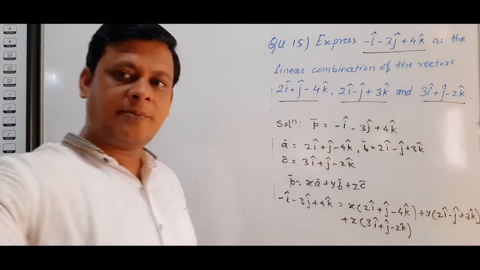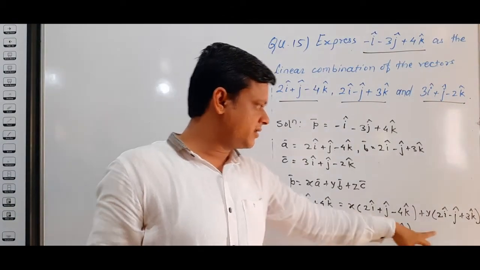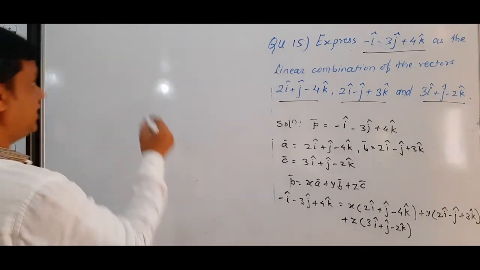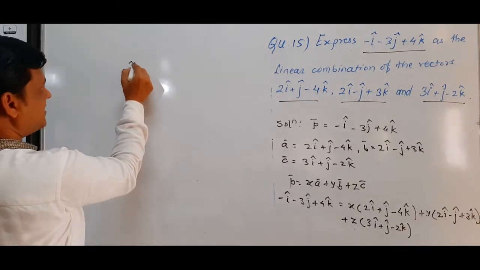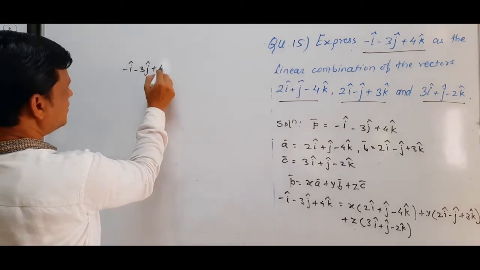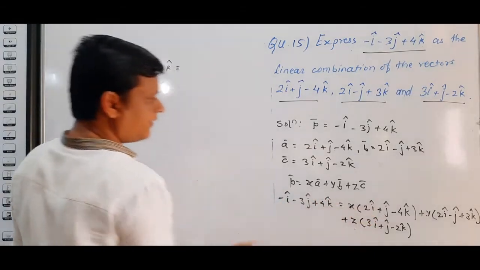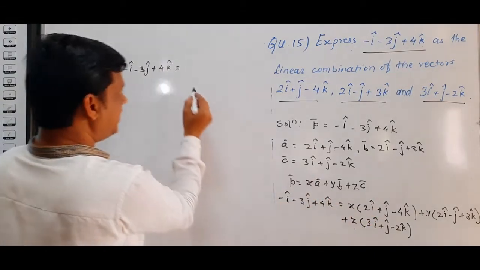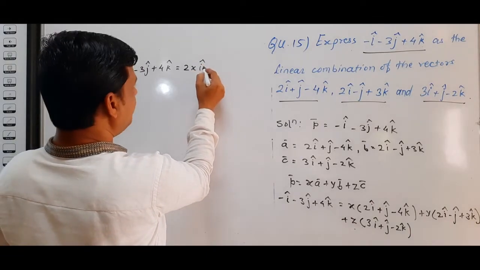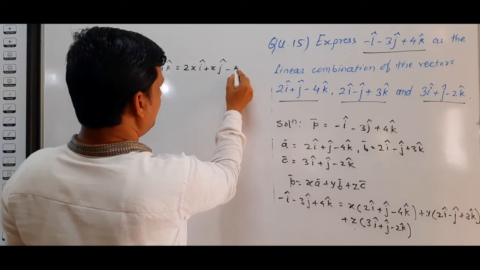So we multiply the first bracket by x, the second bracket by y, and the third bracket by z. So we write -i - 3j + 4k is equal to 2xi + xj - 4xk.